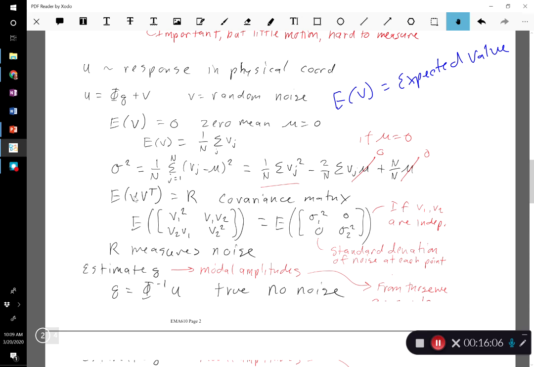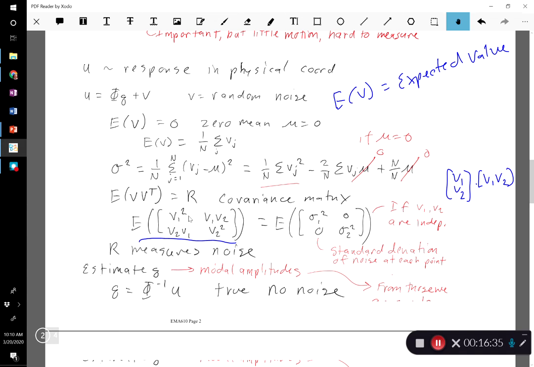So for example, if we had 2 sensor locations, 2 points, we'd have V1 and V2. Then this expected value, here we're calculating the product V1, V2 times V1, V2 transpose. And so that's what gives us this matrix right here.